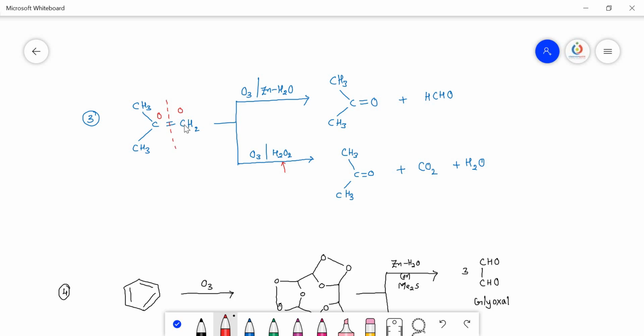But any double bonded carbon atom having at least one hydrogen will be converted to the carboxylic acid or carbon dioxide, based on the type of the double bonded carbon atom and the number of hydrogens present over that carbon atom. Here this CH2 will be converted to formaldehyde in the case of reductive ozonolysis, but in the case of oxidative ozonolysis, this shall be converted to carbon dioxide.